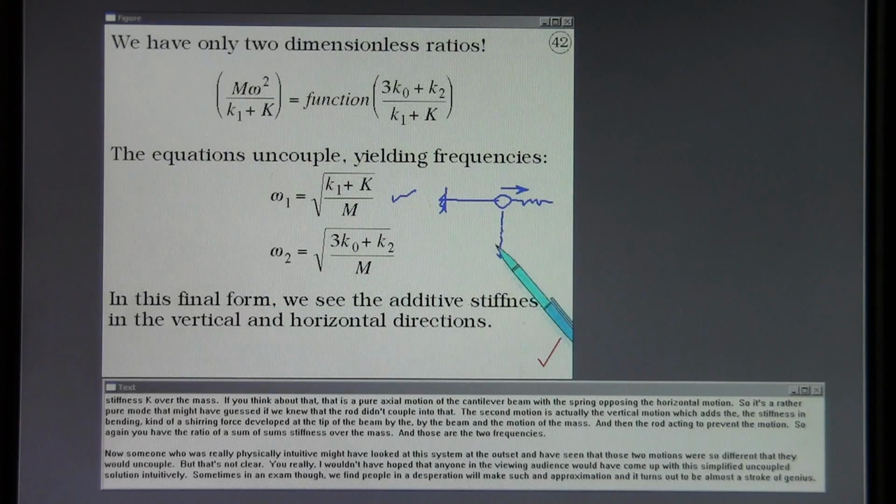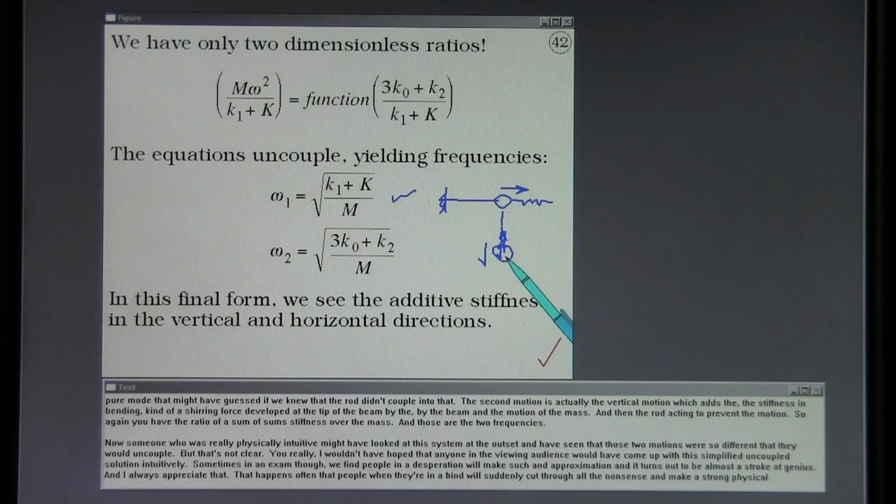The second motion is actually the vertical motion, which adds the stiffness in bending, kind of a shearing force developed at the tip of the beam by the beam and the motion of the mass, and then the rod acting to prevent the motion. So again, you have the ratio of a sum of some stiffnesses over the mass. And those are the two frequencies.